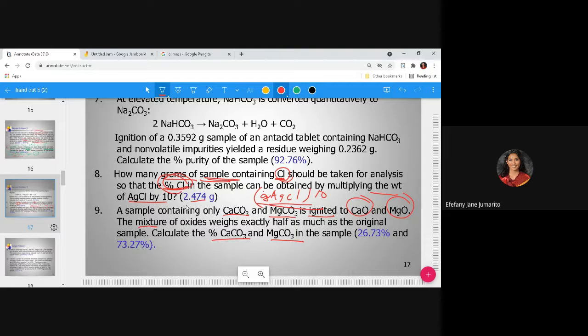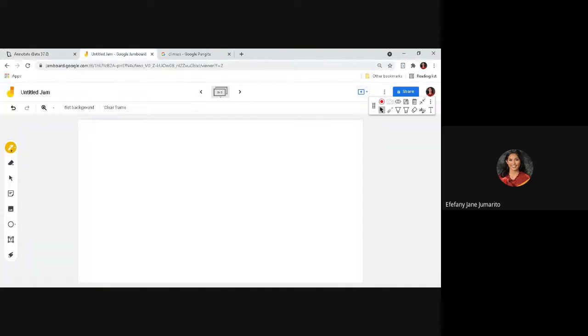All right, so we have the sample. Okay, you have a sample. If this is your sample, it is a cylinder. Now, what is in that sample?